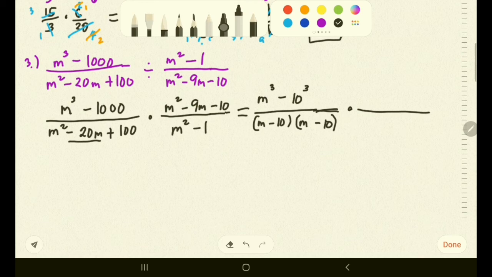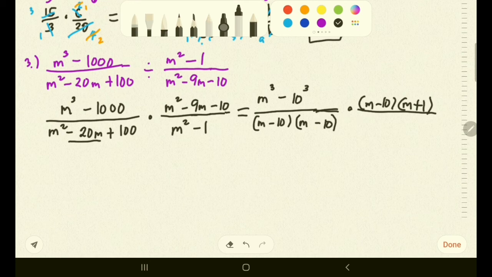For m squared minus 9m minus 10, there is no GCMF, so that is factoring a general trinomial. You have 2 binomial factors. For m squared, m and m. Negative 10 so that you could get negative 9m, so that would be negative 10 and positive 1.